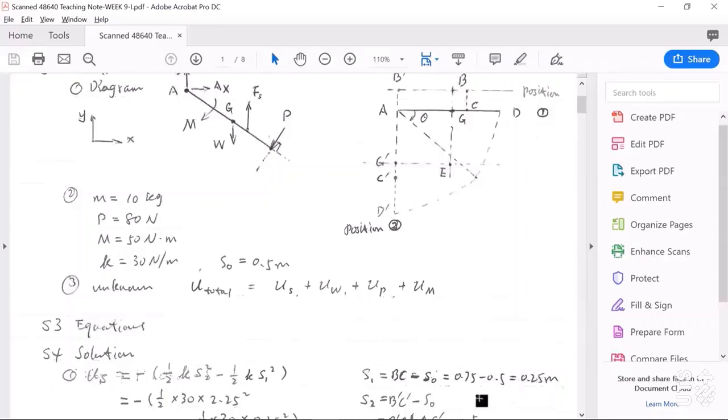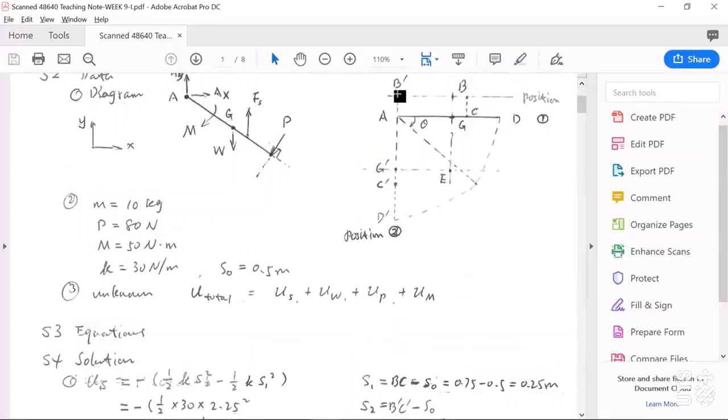S2, the absolute length of this spring in position 2, is equal to the length of B prime to C prime.